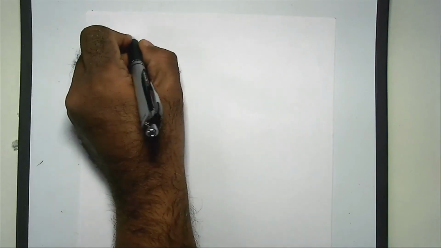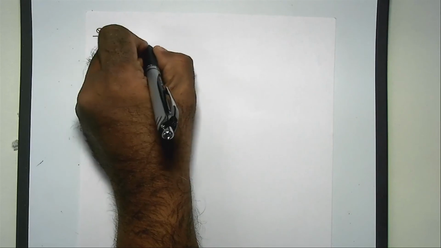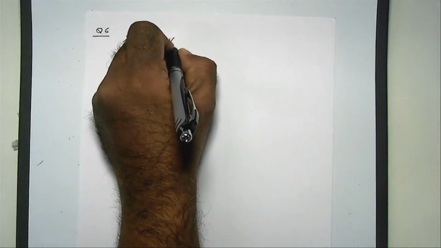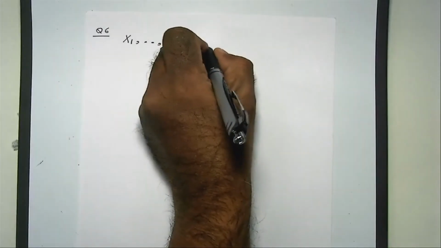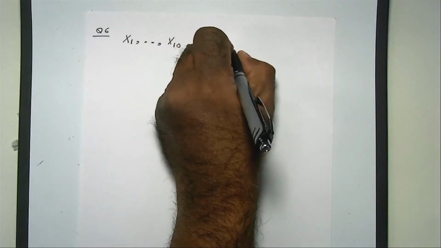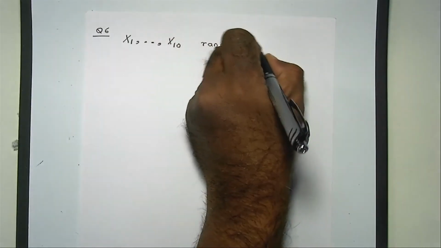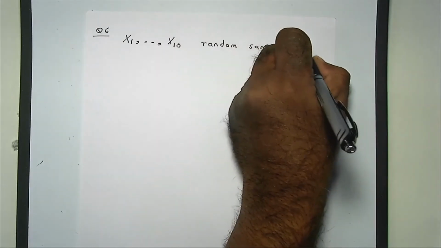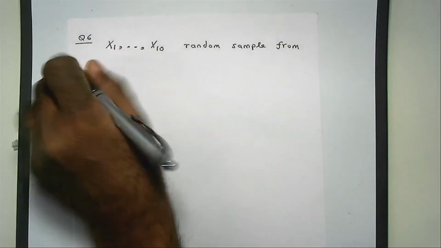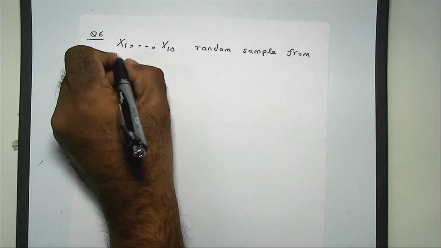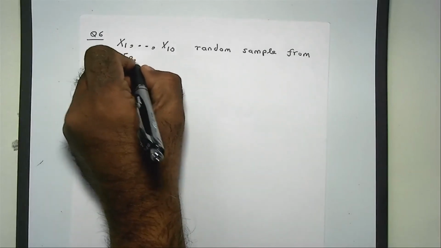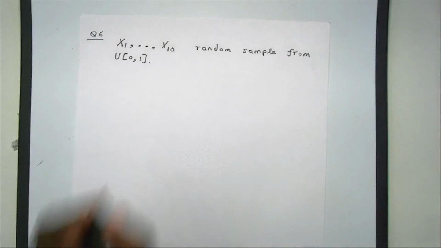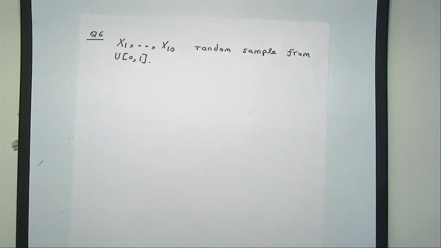You have x1 to xn, a random sample from a uniform distribution on the interval 0 to 1, and the question is to find the mean and the variance of X bar.